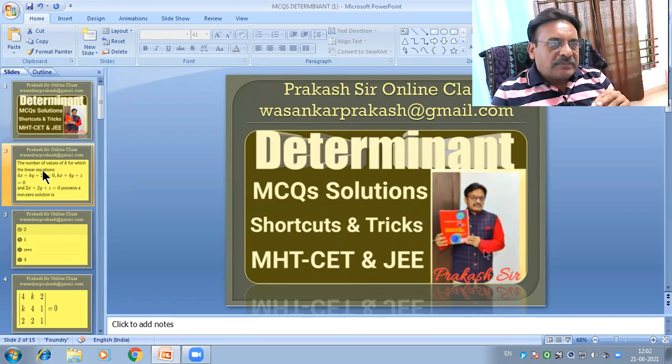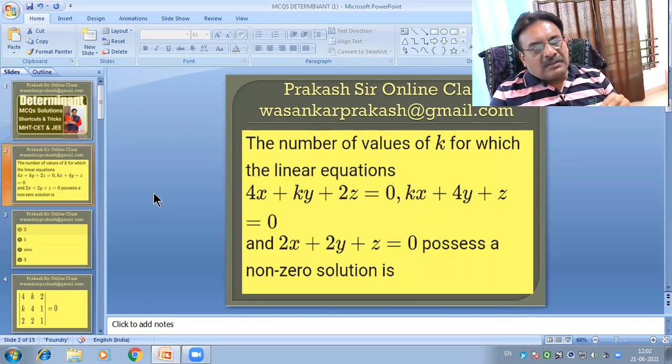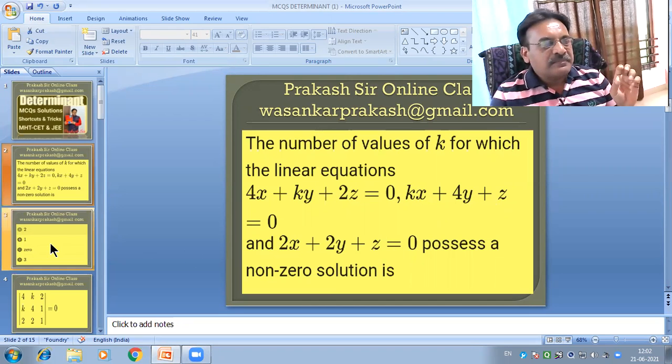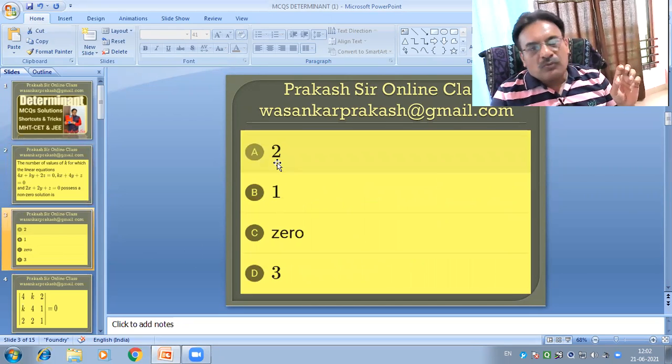First multiple choice question: the number of values of k for which the linear equations 4x + ky + 2z = 0, kx + 4y + z = 0, and 2x + 2y + z = 0 possess a non-zero solution is option A 2, option B 1, option C 0, option D 3.